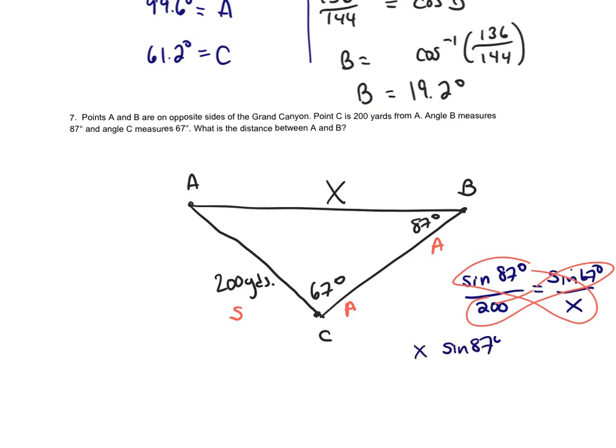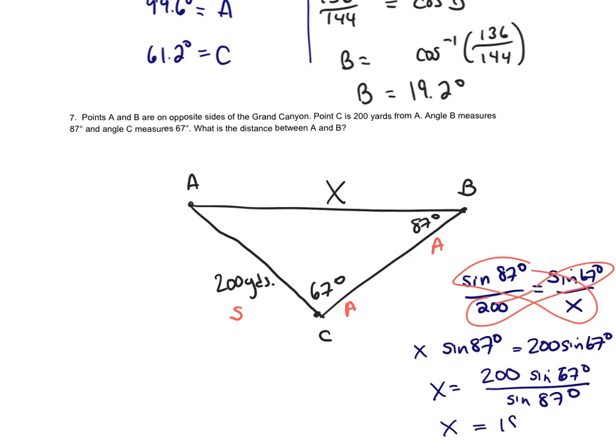So x sine 87 equals 200 sine 67. And I'll divide both sides by sine 87. So 200 sine 67 over sine of 87. And I just put this in the calculator and I come up with 184.4, and this would be in yards because this is a word problem, so we need to make sure we put our unit.